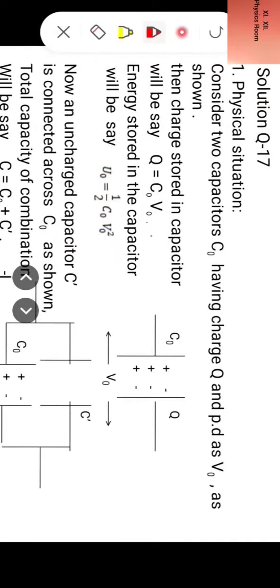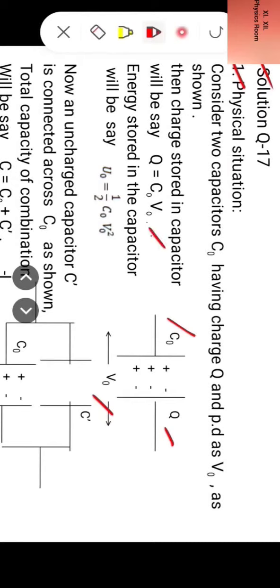Now solution to question number 17. First, we develop physical situation. Consider a capacitor C0 having charge Q and PD as V0 as shown. Then charge stored in capacitor will be say Q equal to C0 V0.